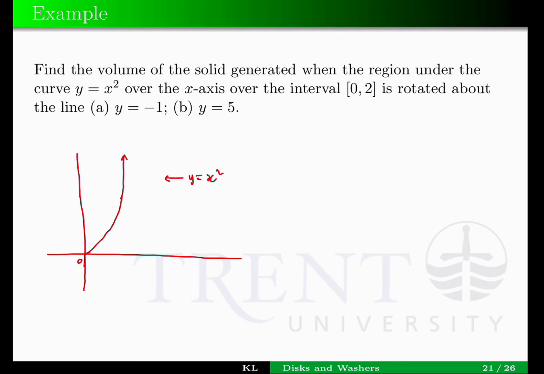Say this is your 2. So this is our region. Now, the axis of revolution is y equals -1. Look at this. This is our axis of revolution, y equals -1.